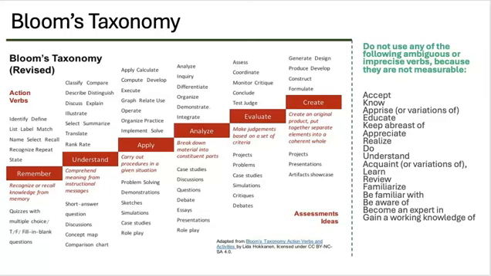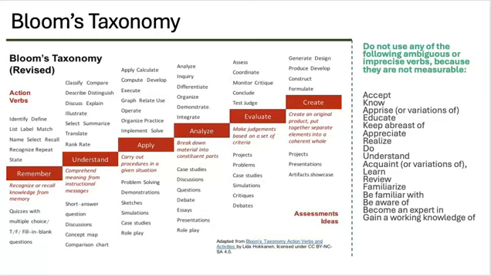You can find a copy of Bloom's Revised Taxonomy on the internet in a lot of different places. There are also files that you can find with a lot more verbs on there, Bloom's Taxonomy verbs. So you can look that up on the internet and print it and keep a copy next to your desk, which is what I used to do back in the day when I would design courses and teach students.